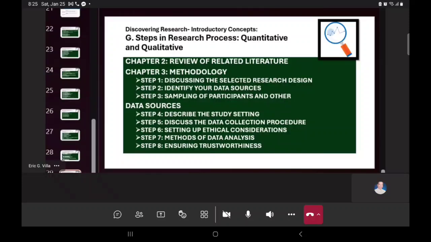Here we have to measure quality assurance, wherein the qualitative researcher maintains rigor through triangulation of data sources, member checking procedures, audit trail maintenance, and thick description development.